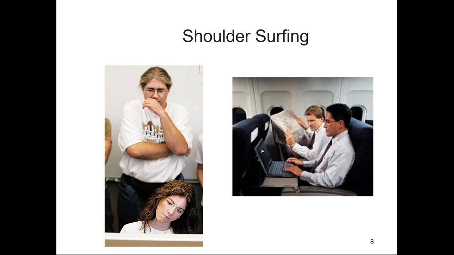It can be also in commuter trains and in airplanes. So when you are in a public area using the company's laptop, you have to be careful for any information that you display on the screen or the username and password that you use to authenticate and authorize and get into the system.